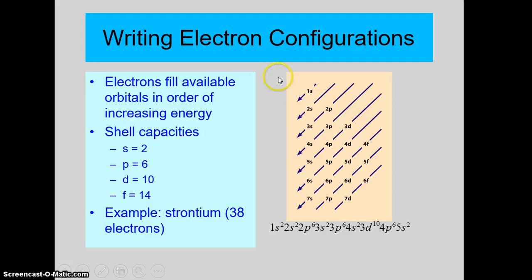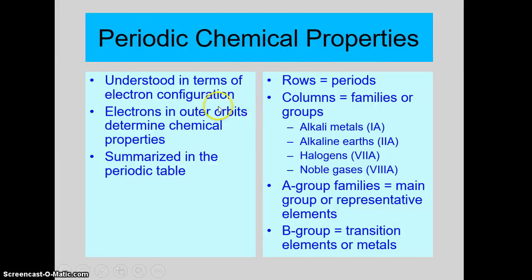So electron configuration, we just did some examples. Let's move on. As I said before, this shows the shape of the periodic table. You might not recognize it yet, but that's what it does. So the periodic chemical properties: the electron configurations show what chemical properties different atoms are going to take on.